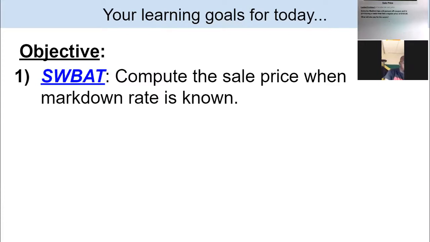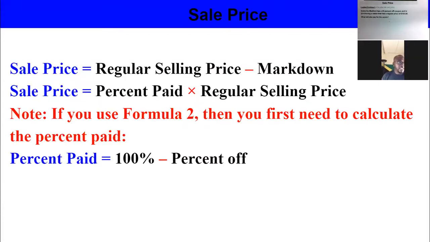Here are the formulas that we're going to use. My sales price is equal to my regular selling price minus the markdown. So if we know what the markdown is, we can find the sales price. Another way of doing it is that the sales price is equal to the percent paid times the regular selling price. If you use this formula, you need to first calculate the percent paid.